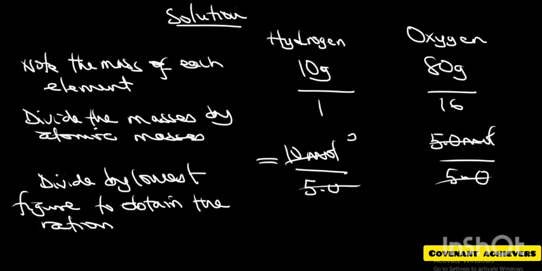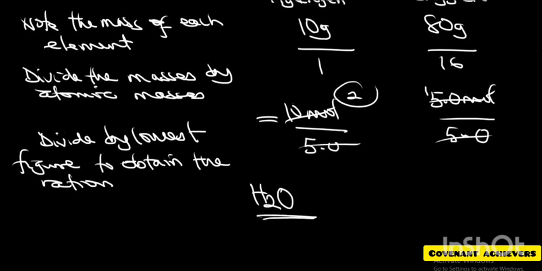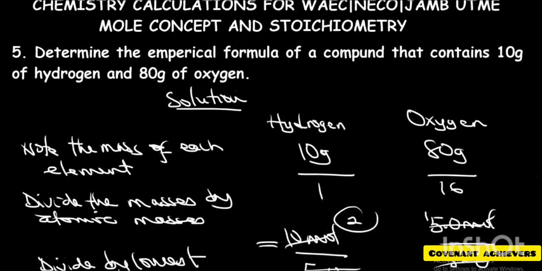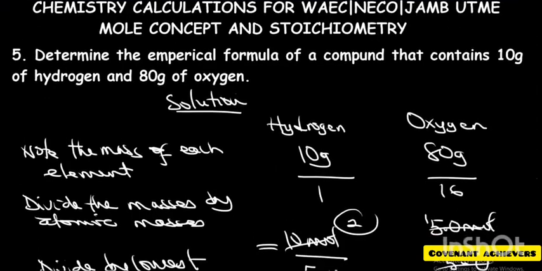So this is 2, this is 1. So we have the formula now going to be H2O. 2 is there for H, and 1 for O. Now you can see the way it has been solved in a demystified way, and that's how you calculate the empirical formula of a compound, just a step by step way of doing that.